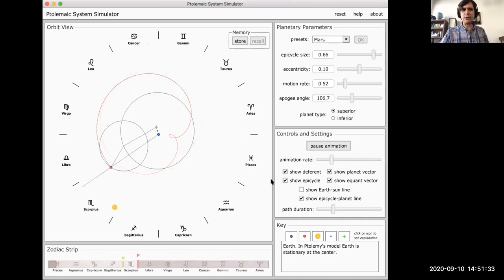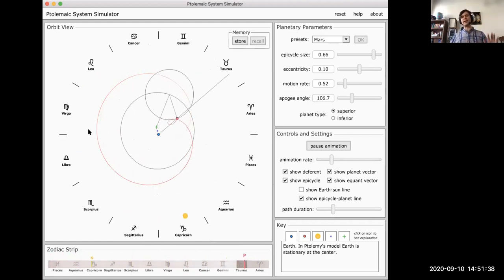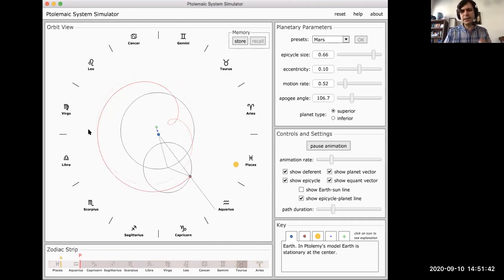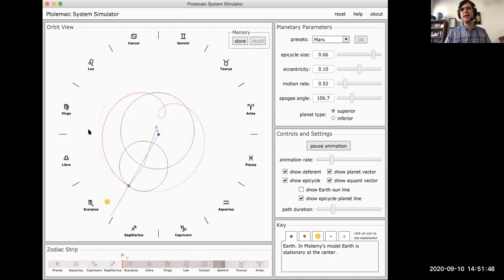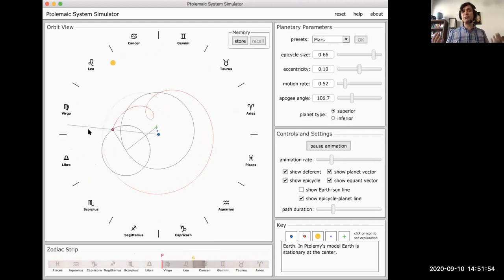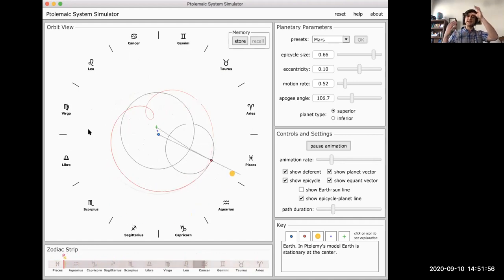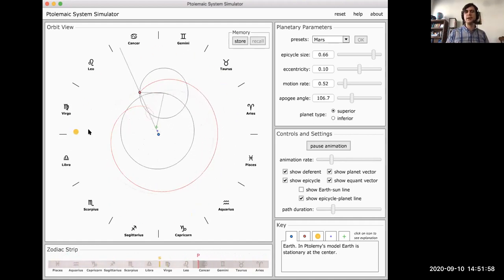Complicated, and how fast those motions are relative to the sun, all of that has to be accounted for. It is horribly complicated because it has so many different knobs you can twist: epicycle speed, epicycle size, deferent speed, deferent size. But because it has so many knobs, it was actually remarkably accurate at predicting the positions of the planets, much more than the original Copernican model.